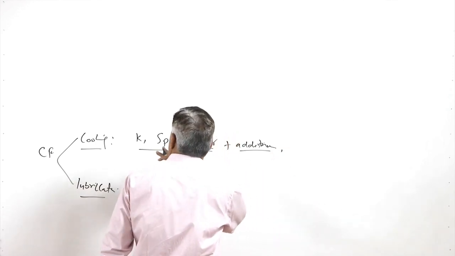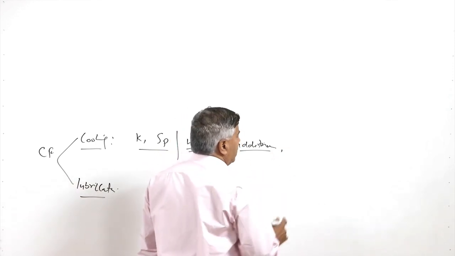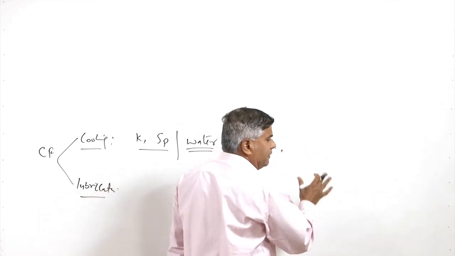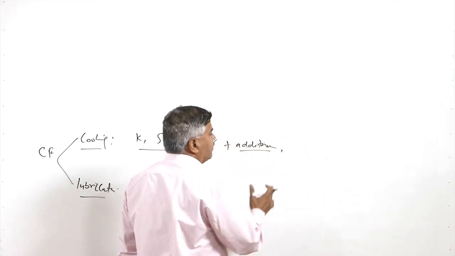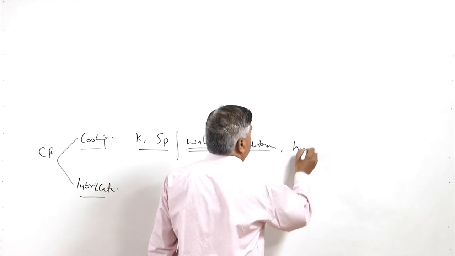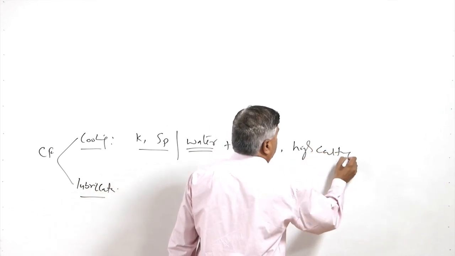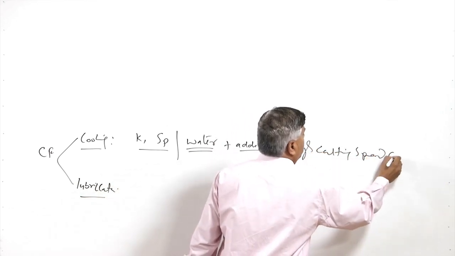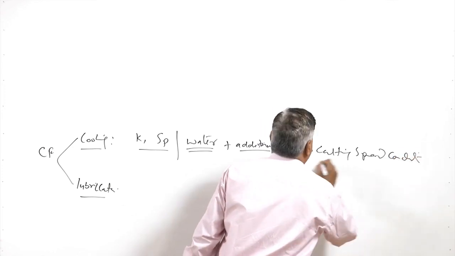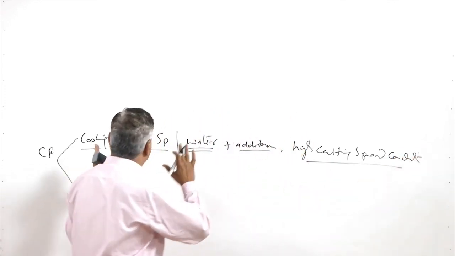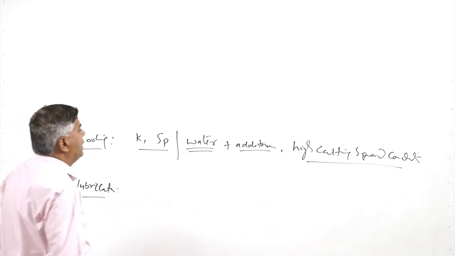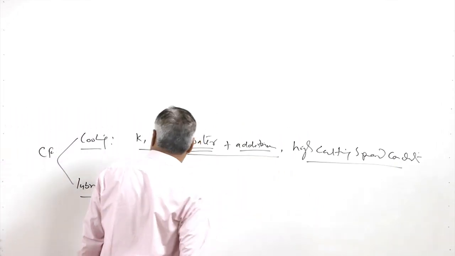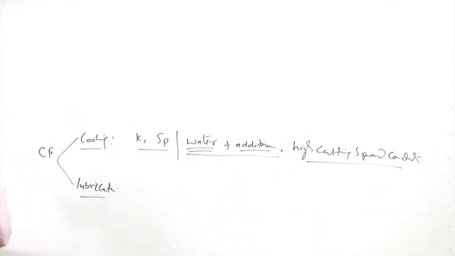Apart from this, water as a coolant helps effectively in clearing the heat away from the cutting zone, especially under high cutting speed conditions, and therefore, for the cooling purpose, mainly the water based cutting fluids are used.